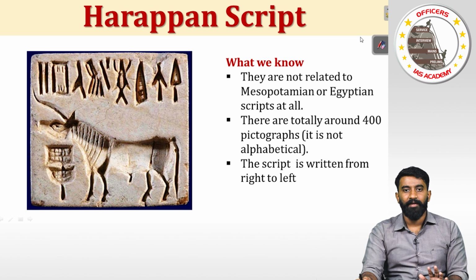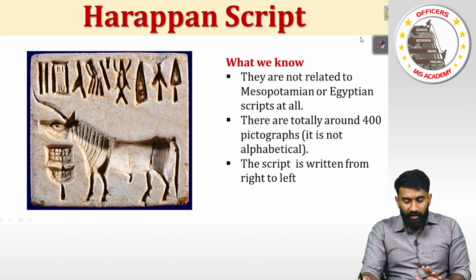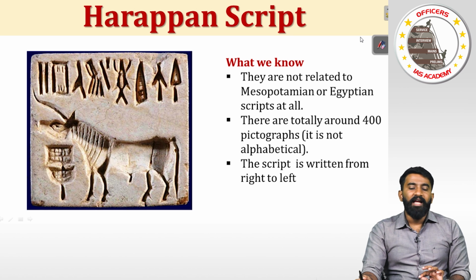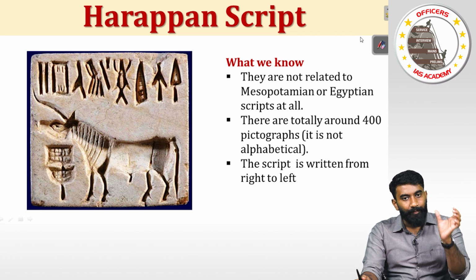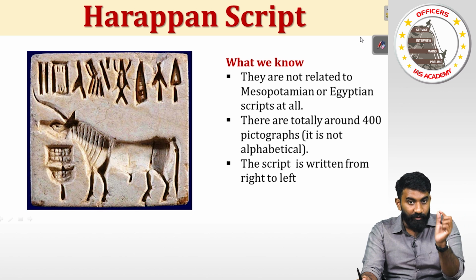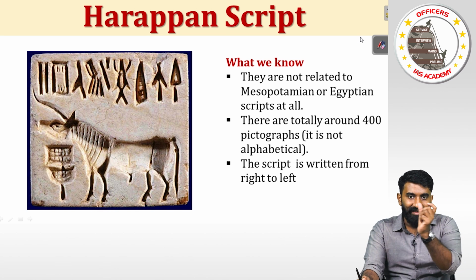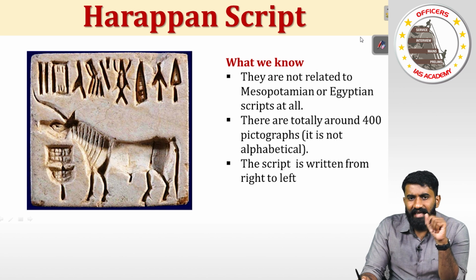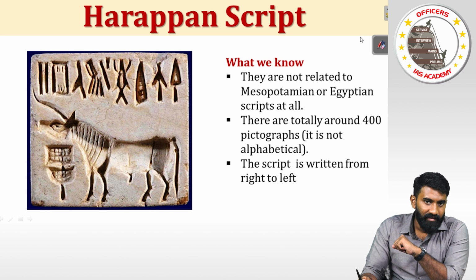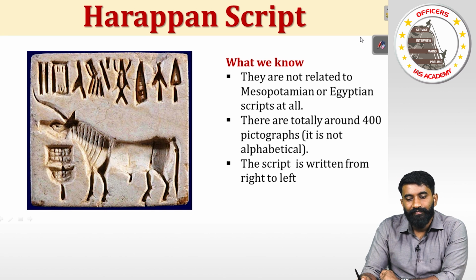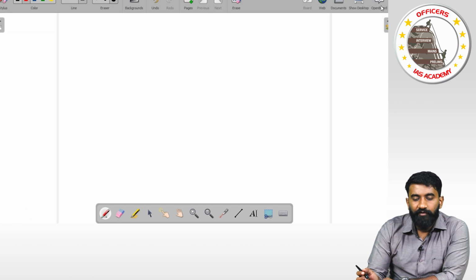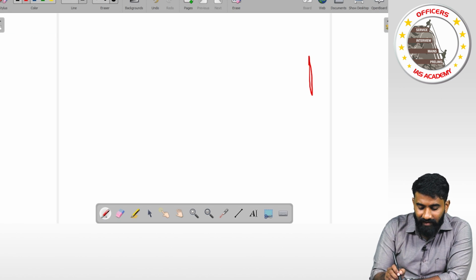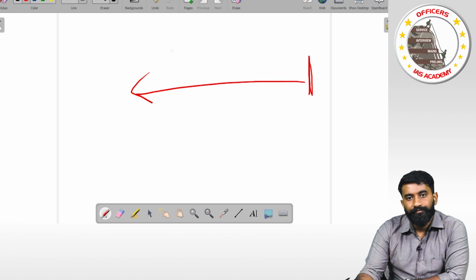And apart from that, you should understand that there are a total of around 400 pictographs, meaning individual characters. So, 400 characters they have identified. And finally, the one key piece of information here is that the Harappan script is written from right to left.